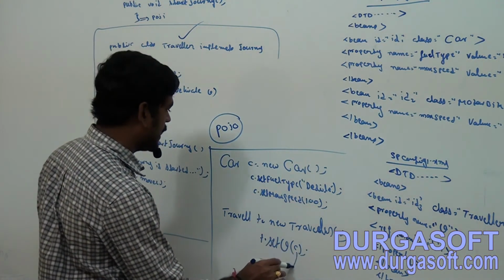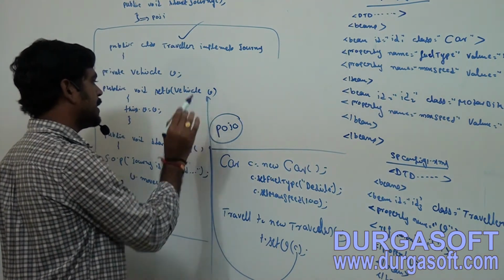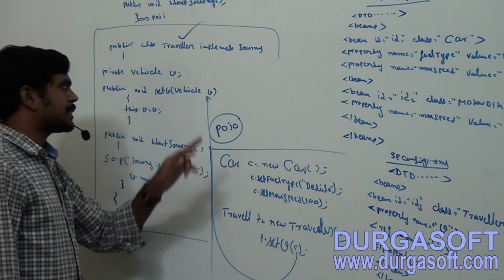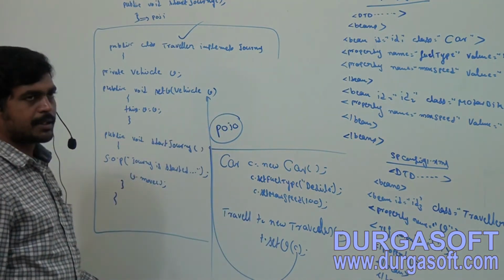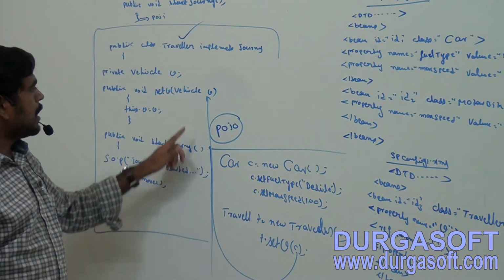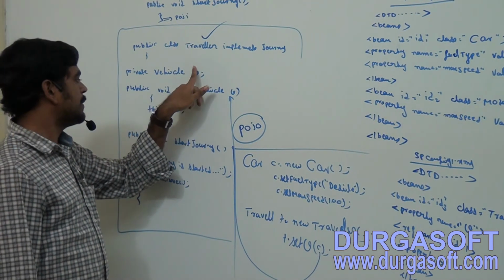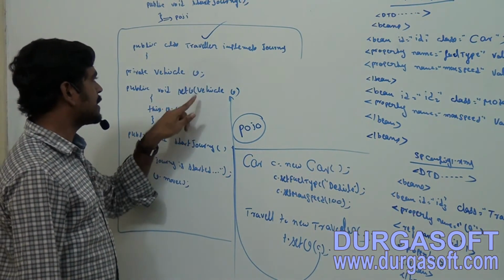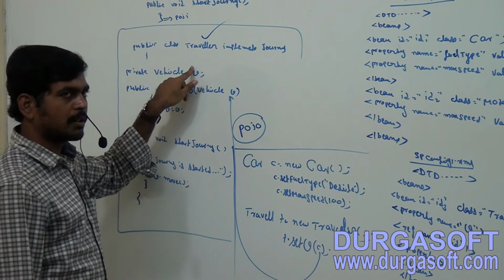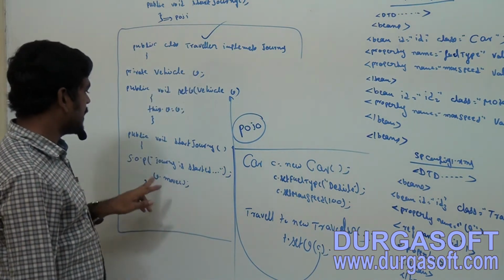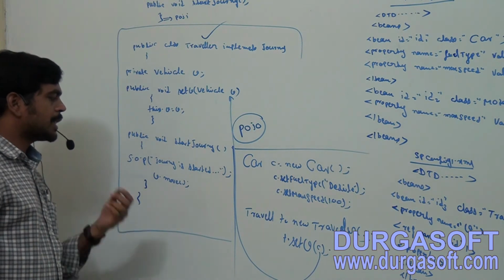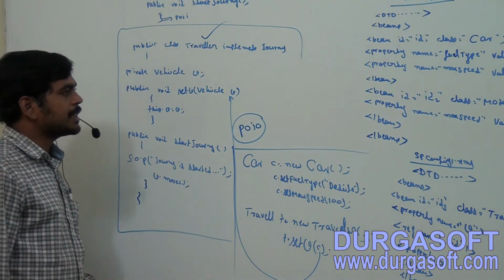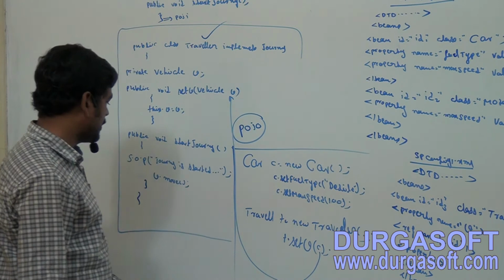Finally, internally this Car class object is placed here: Vehicle V is equal to the Car class object. This is the local variable. If you want to make it global, what do we have to do? this dot V is equal to V, then it becomes global. Then next after that, V dot move. Whenever we are calling V dot move, what is our output? Journey is started. This is our output.